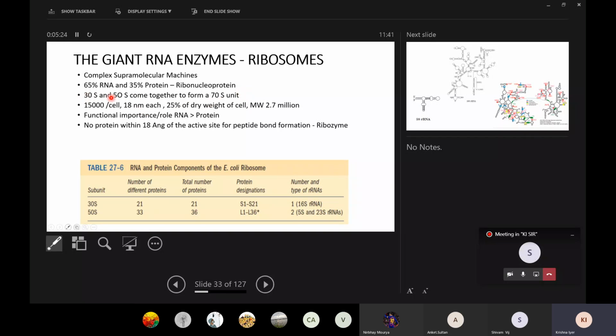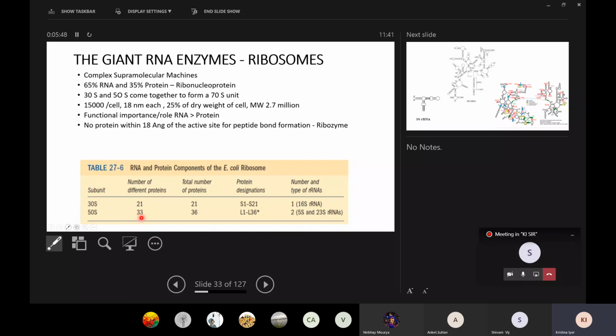Each of these is very complex. For example, the 30S unit is composed of 21 different proteins, and it is also composed of an RNA which is called 16S RNA. Further, the 50S subunit is composed of close to 36 total proteins.